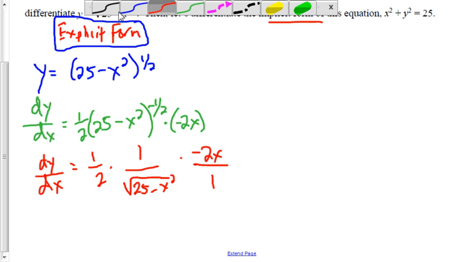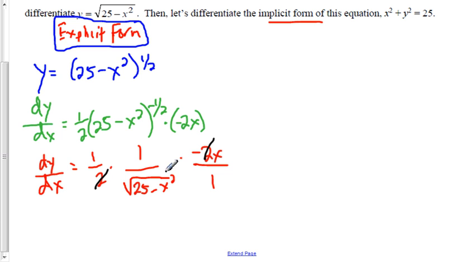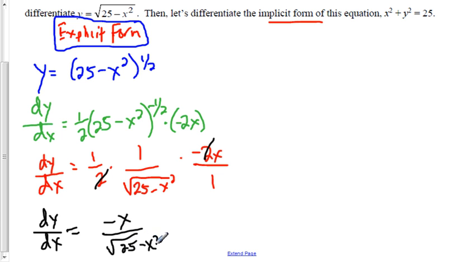Okay, I can cancel out these 2's, and so now the derivative of this explicit equation, dy dx, equals negative x all over square root of 25 minus x squared.